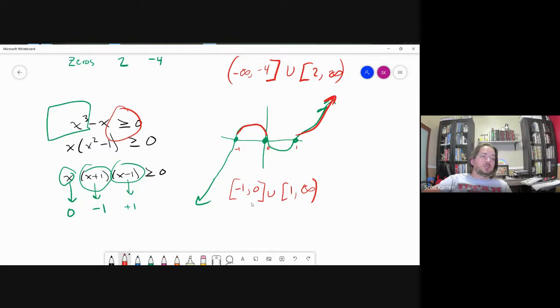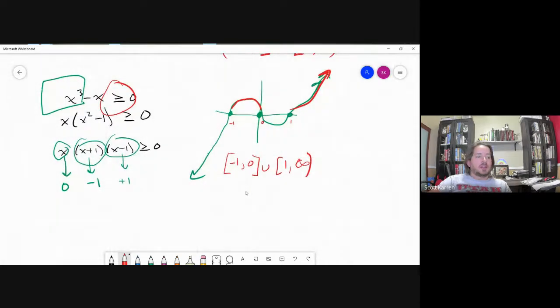The other method is to just think about a number line. If I have a number line, my zeros happened at -1, 0, and 1. Since it's a polynomial, in between each of these zeros, it's going to be continuous. There's no cusps, there's no holes, there's no jumps.